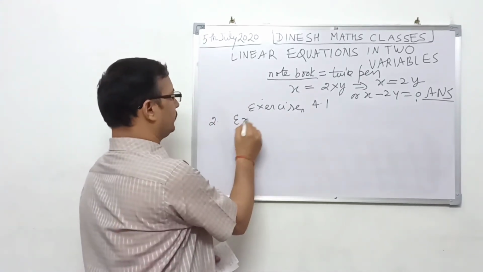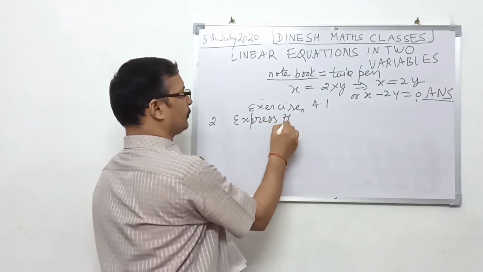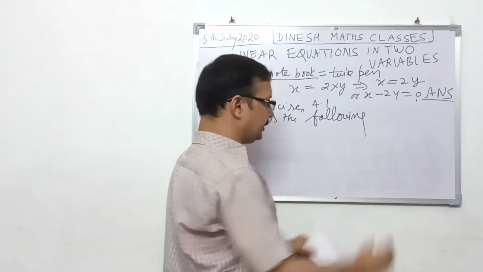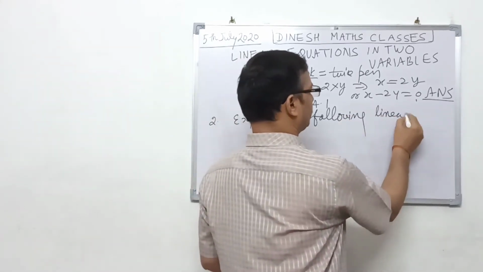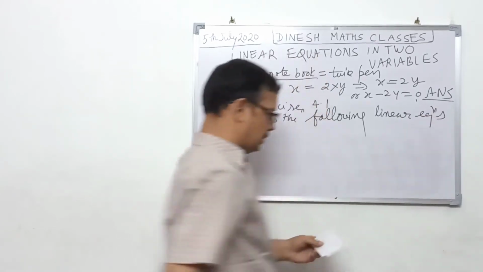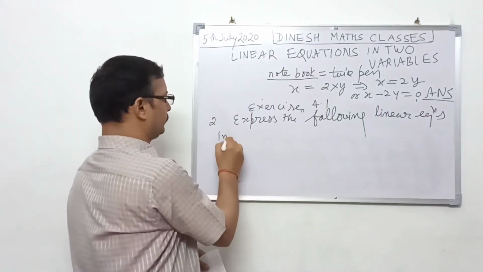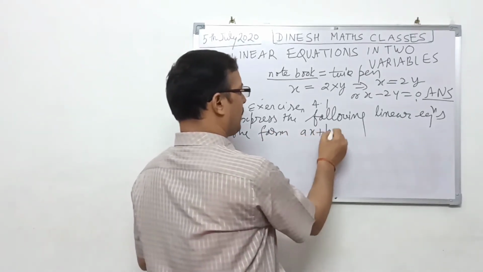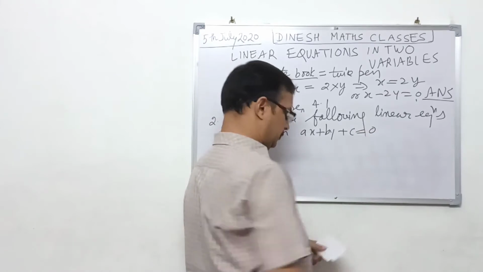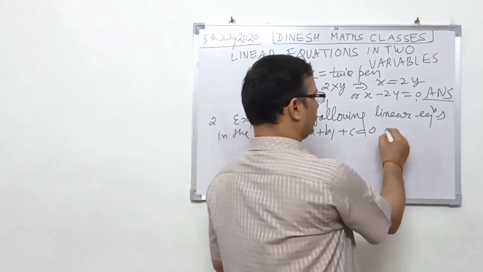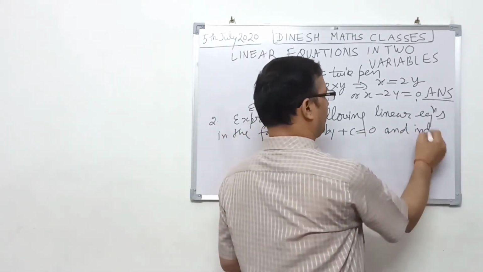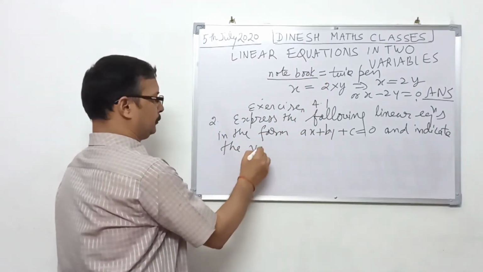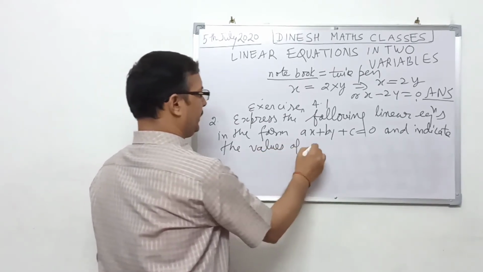Express the following linear equations in the form ax plus by plus c equal to 0 and indicate the values of a, b and c.